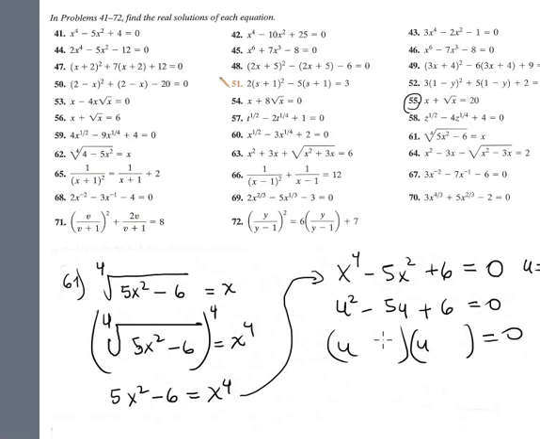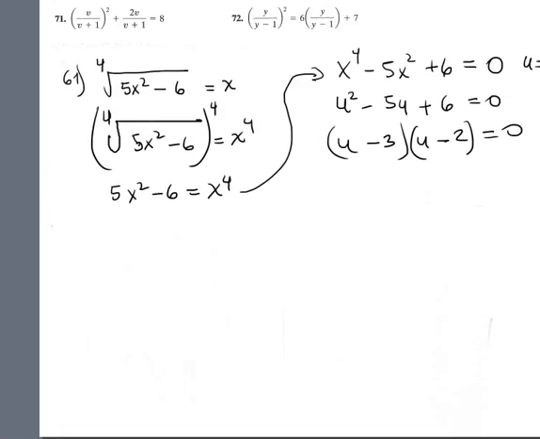For u, the numbers are 3 and 2, minus and minus. So the solutions are u equal 3 and u equal 2.